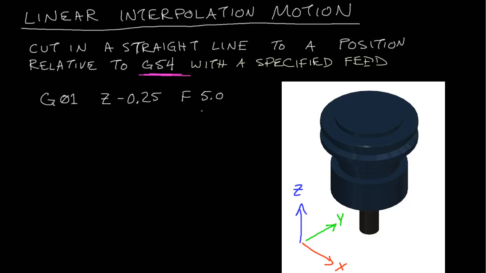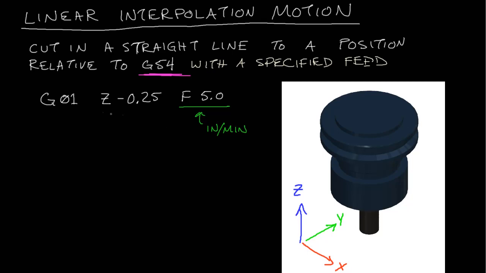Okay, so we have a feed rate specified right here, and that is in inches per minute. All right, so you would tell this tool to go to Z negative 0.25 at 5 inches per minute. So you're telling it a speed at which to plunge in the Z direction.